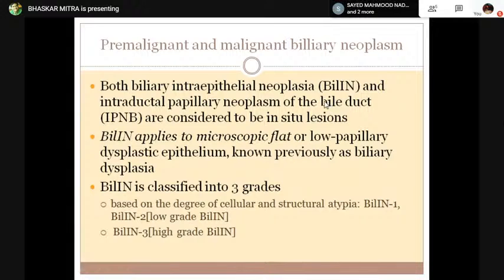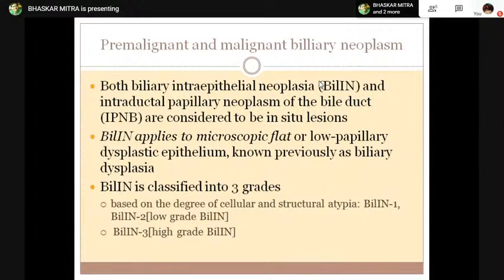One is biliary intraepithelial neoplasia, another is intraductal papillary neoplasm. As the name suggests, just imagine small biliary type epithelium tubules, BilIN, and intraductal large ducts with a papillary architecture, IPNB, intraductal papillary neoplastic lesions. So these are the 2 premalignant conditions.